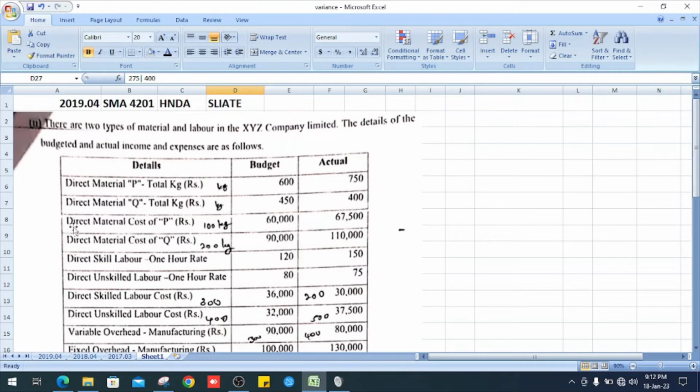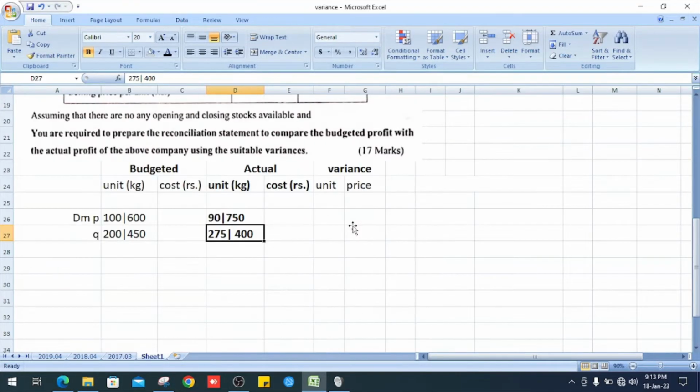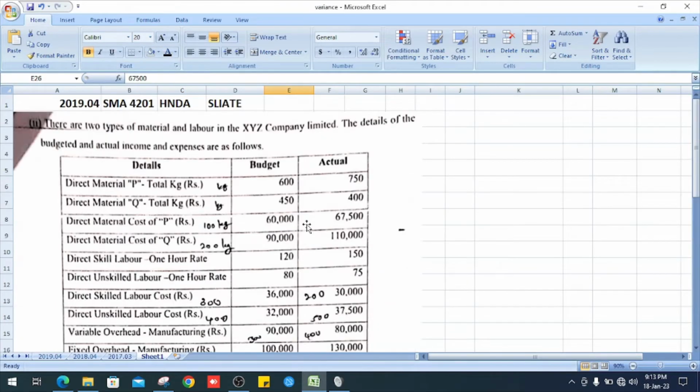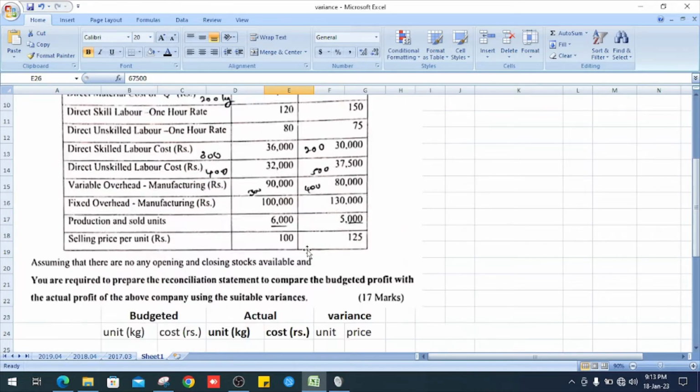Direct material cost of P is 60,000 and 67,500. Q budgeted is 90,000 and actually it is 110,000.